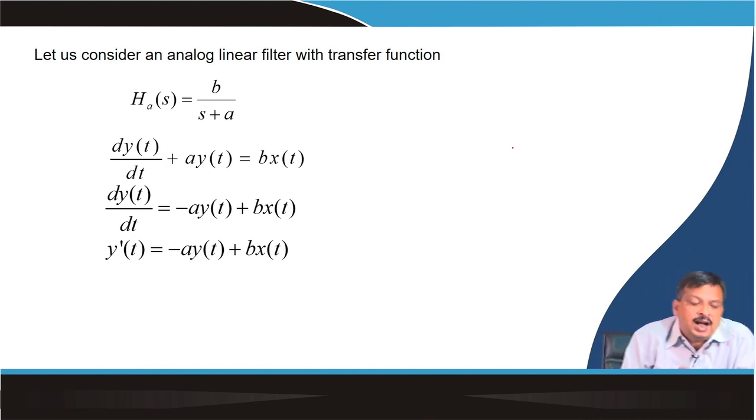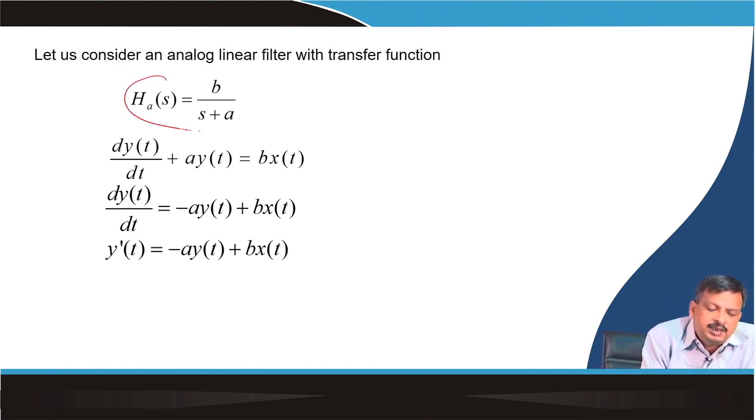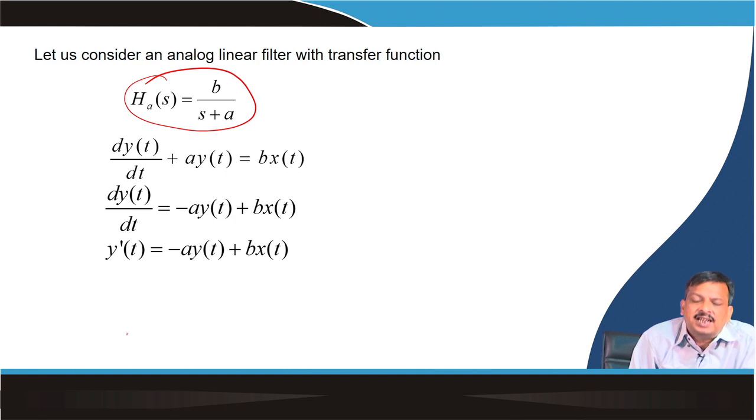Let us say I have an H(s) equal to B by S plus A. So I have to convert to H(z) using the bilinear transform or trapezoidal formula. I will come to that.